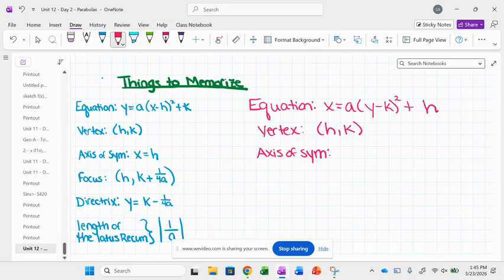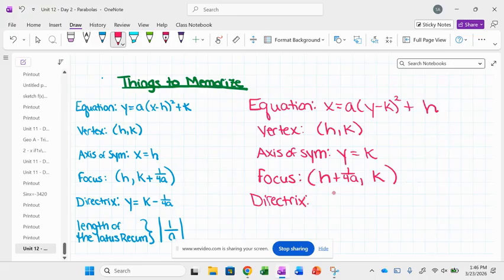Horizontal line. So it's not x equals, it's now y equals k. The focus is going to be h plus 1 over 4a comma k. The directrix is going to be x equals h minus 1 over 4a.